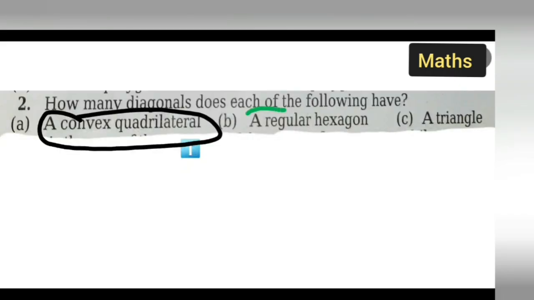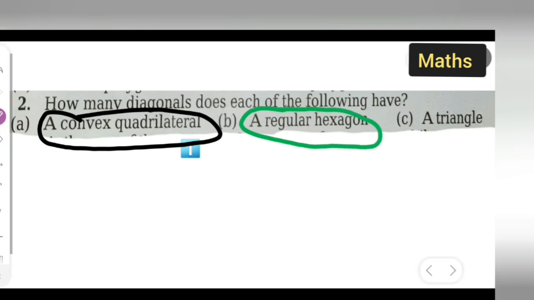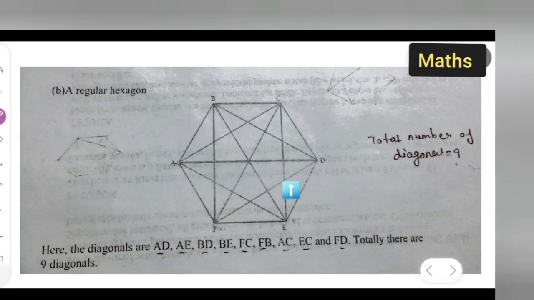Now we will see a regular hexagon. Let us see how many sides it has and how many diagonals it has. So this is a regular hexagon.